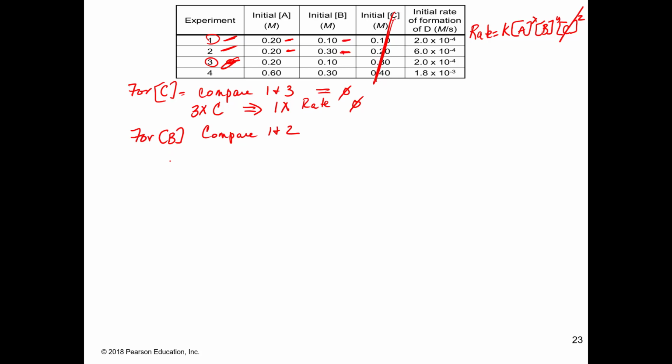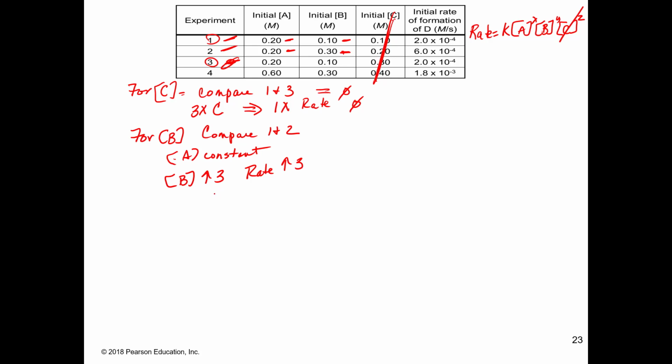So A is constant, right? And so B goes up times 3. And what happens to the rate? It goes up times 3. The rate goes up times 3.